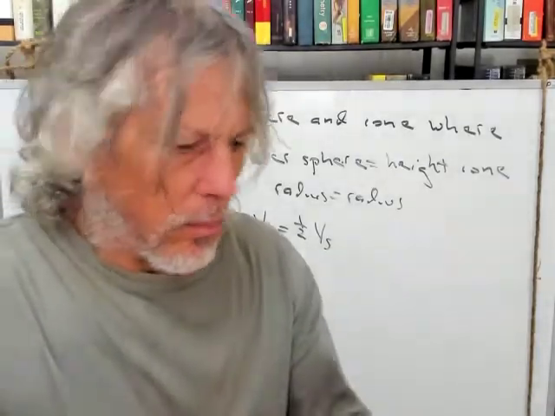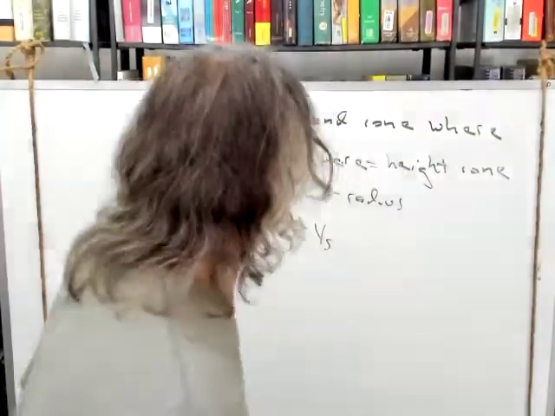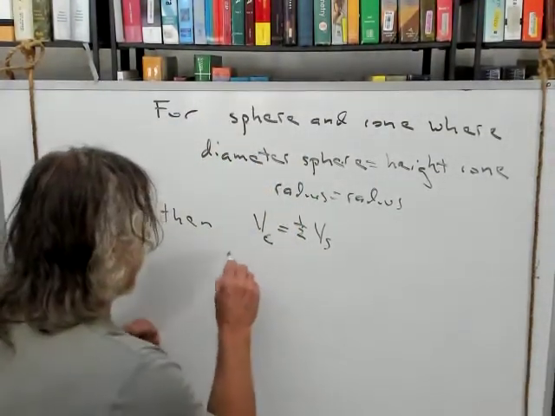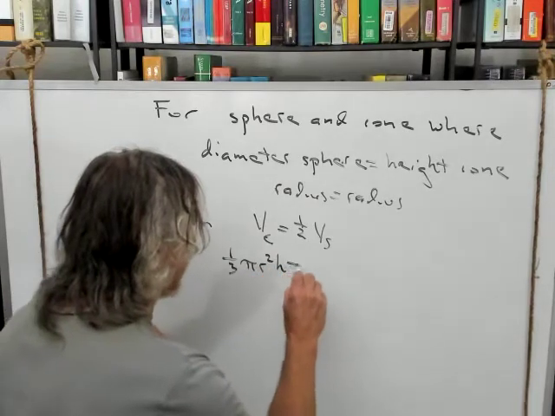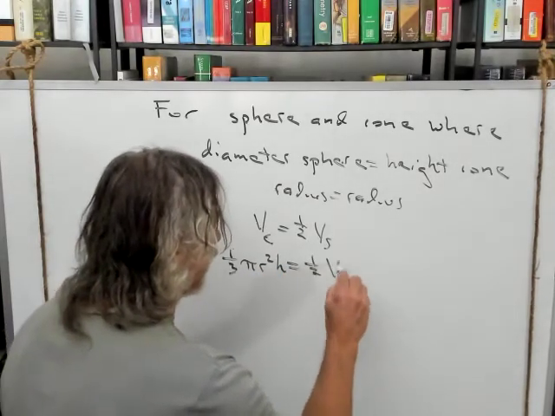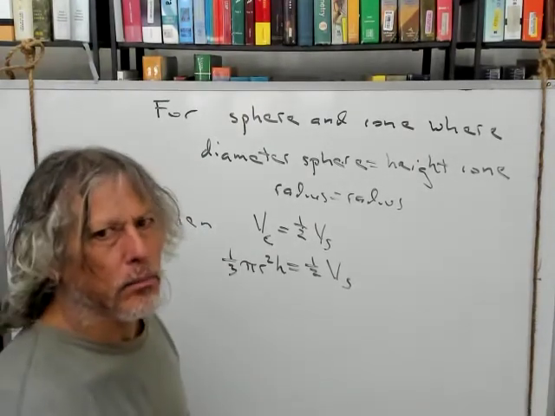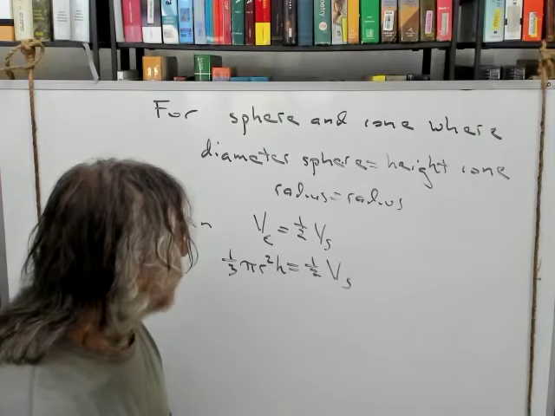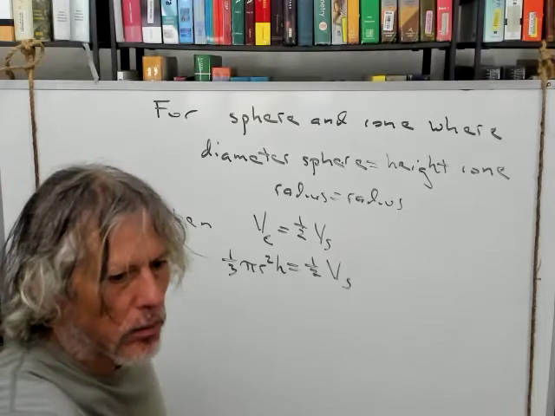So, water out of the way. Then we know that 1/3 pi r squared h equals 1/2 volume of sphere. And then we got to mess with this algebraically. So we could undo the half by multiplying both sides by 2.